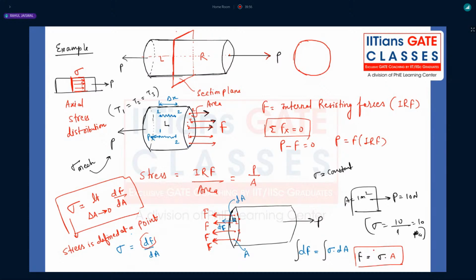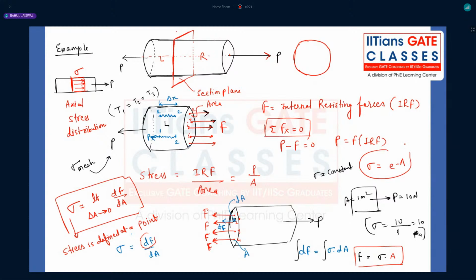Right. In examination, they may mention that if I apply the load, the stress varies with some area, given as some kind of function, right? Then what do we have to do? Based on the area it is changing. For example, it is e to the power minus a, varying exponentially. Then we have to do the integration to get the forces, or whatever you want to find based on the load.